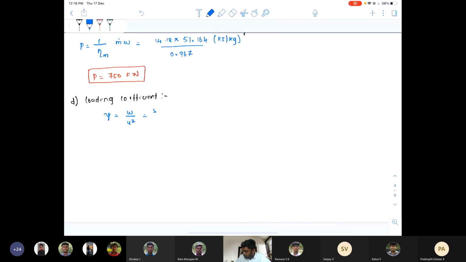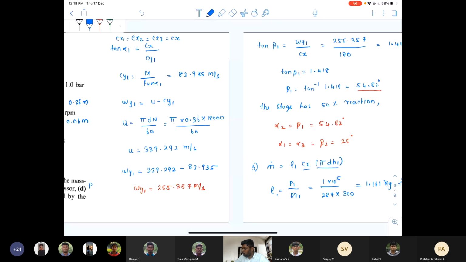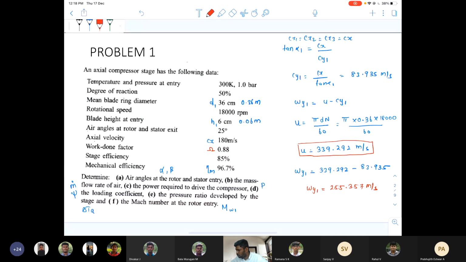So this is 51164.15 joules per kg, divided by U square. We have found the value of U as 339.292.